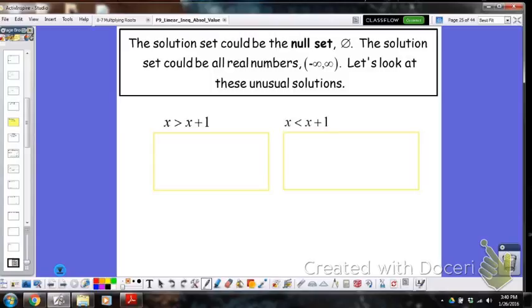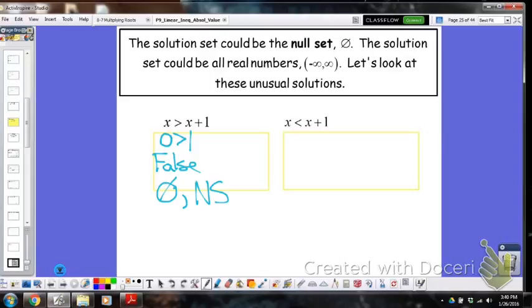So subtract x from both sides, and we get 0 is greater than 1. Now, 0 is greater than 1 is a false statement. And since it is false, we say that it is the null set, or that there is no solution. Because there's nothing we can put in for x that'll be greater than 1 more than that.